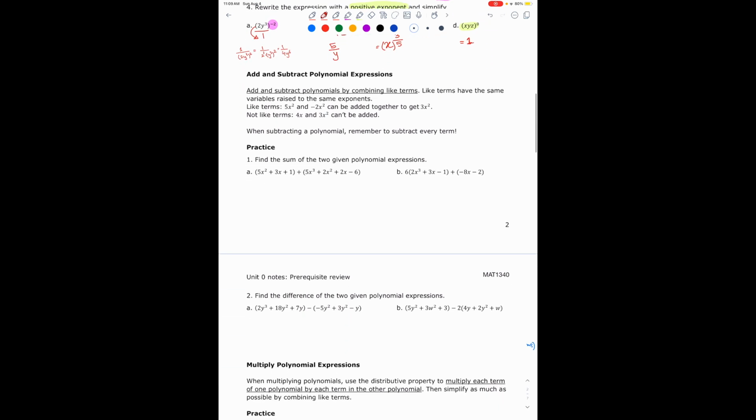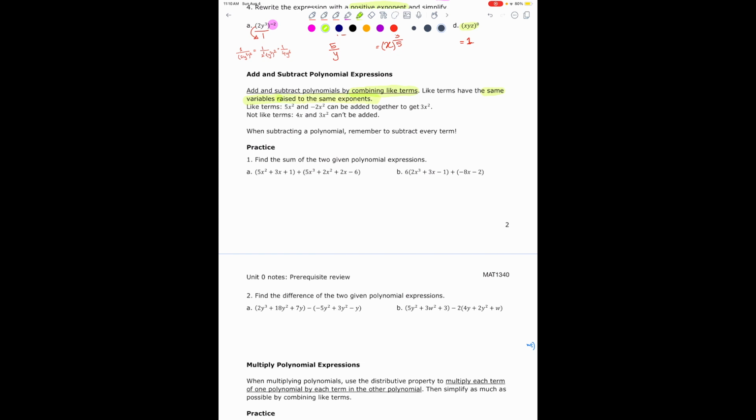Another topic here: we're going to start adding and subtracting polynomial expressions. When we add and subtract polynomial expressions, we combine like terms. Like terms have the same variables, which is the base, raised to the same exponent.